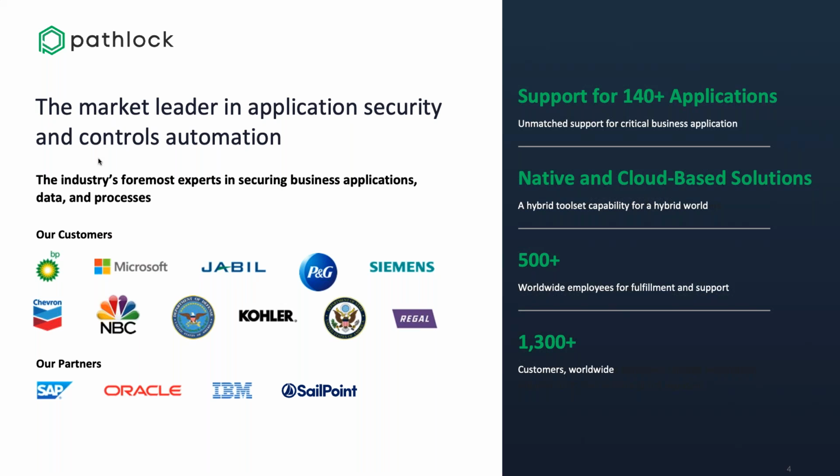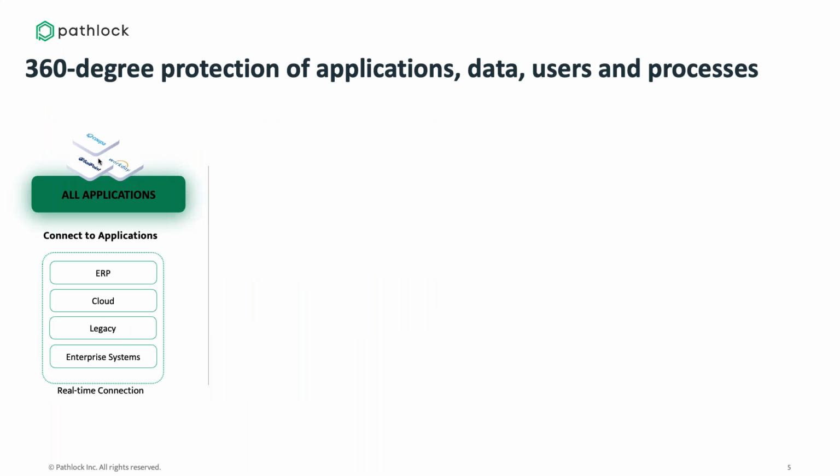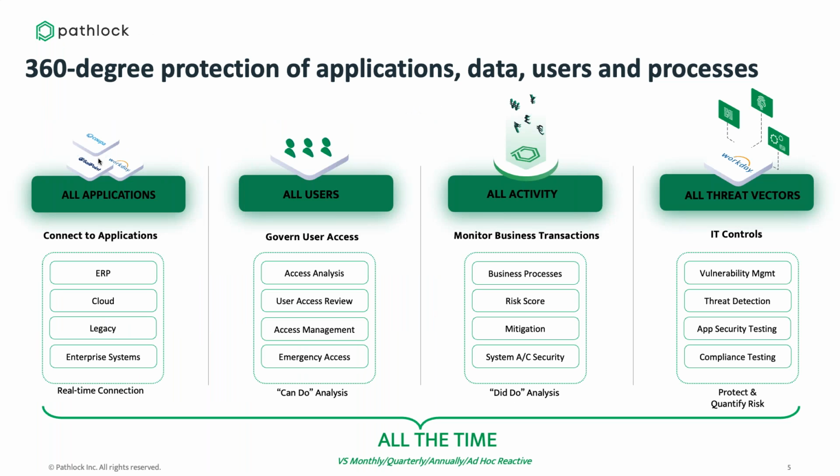Those applications allow us to drive into that value, because I went ahead and built out this slide, but here at Pathlock, we allow you to have 360-degree protection of applications, data, users, and processes.